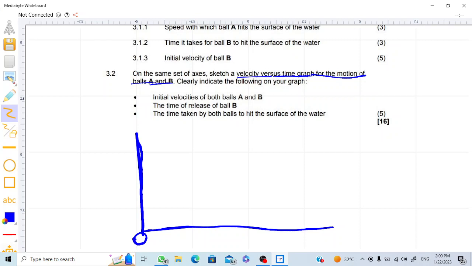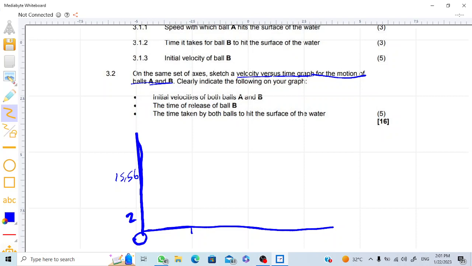Now they asked you to show initial velocities for both ball A and B. So your initial velocity for ball A will be 2, then initial velocity for the other one is 15,56, somewhere there. Now also the time it takes for the release of ball B. So after 1 second, ball B was released.